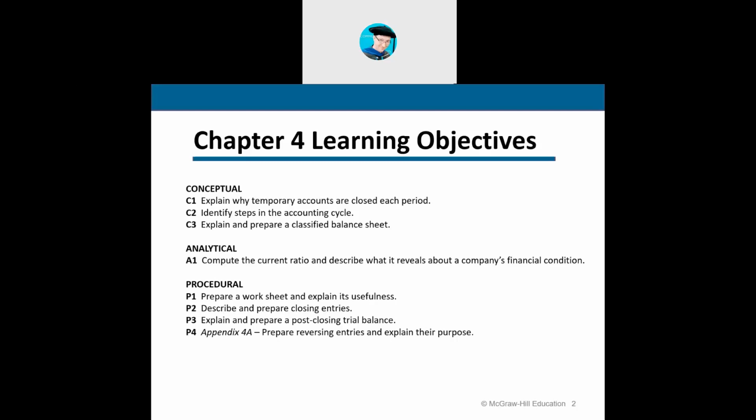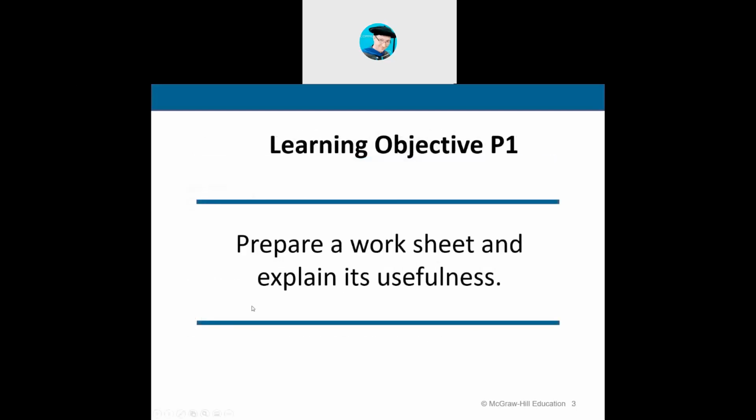I'm not starting tomorrow with sales already because they haven't happened yet. I'm not starting next month with expenses already because they haven't happened yet. So what we need to do is go through the closing process, and we're going to talk a lot about that. So let's take a look.